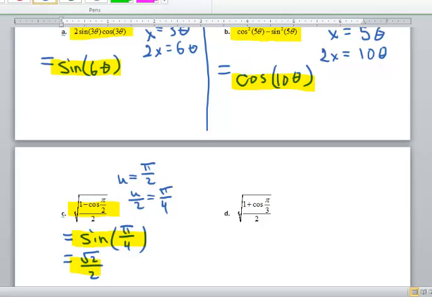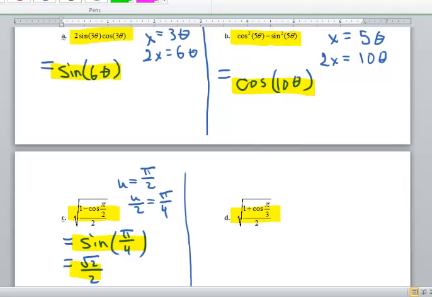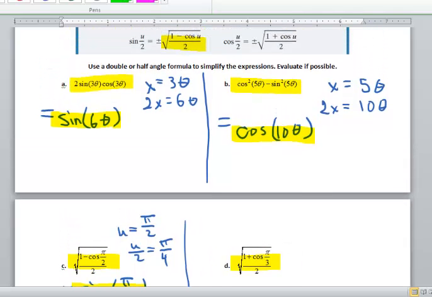And then most likely, by process of elimination, you now realize that the last one there, D, is going to be the half angle formula for cosine. So that expression fits this form. And again, the difference is that u is being played by pi over 3. So u over 2 is pi over 3 over 2, which is pi over 6.